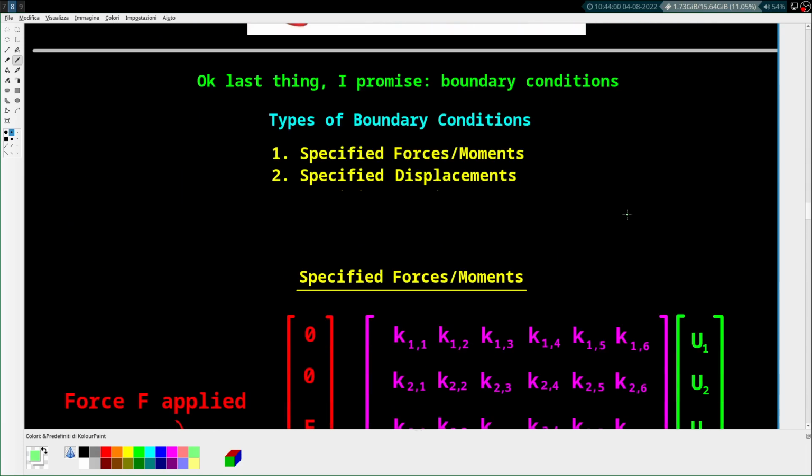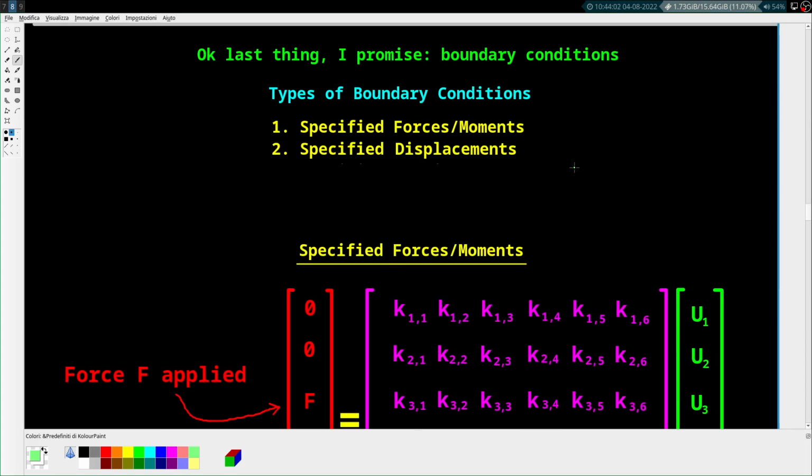Okay, last thing. This is really the last thing we're talking about today. That's boundary conditions. So there's two kinds of boundary conditions. You can specify a force or a moment, or you can specify a displacement, right?